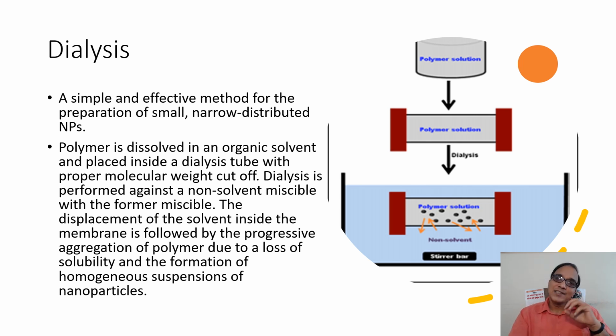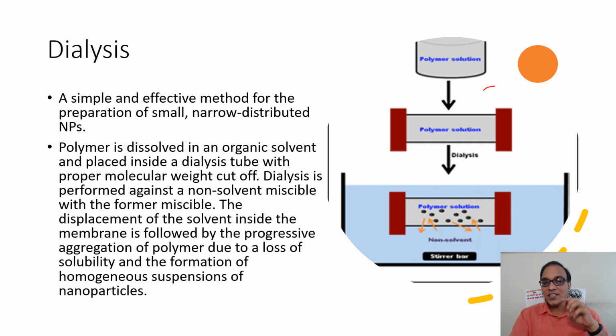Now moving to dialysis, as the name suggests, there is a dialysis membrane. It is a simple and effective method. The drug and polymer solution is put into this dialysis membrane. The polymer is dissolved in an organic solvent and placed inside this dialysis tube with a proper molecular weight cutoff. Dialysis is performed against a non-solvent miscible with the former solvent.